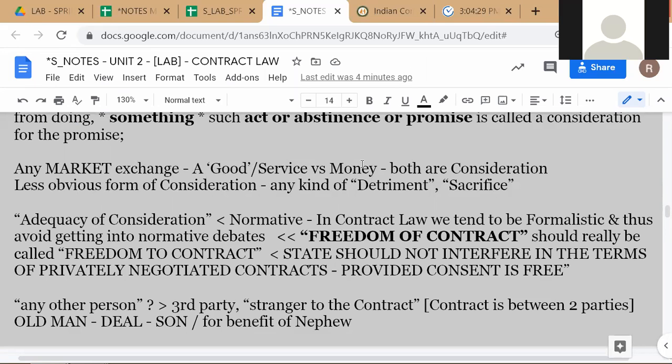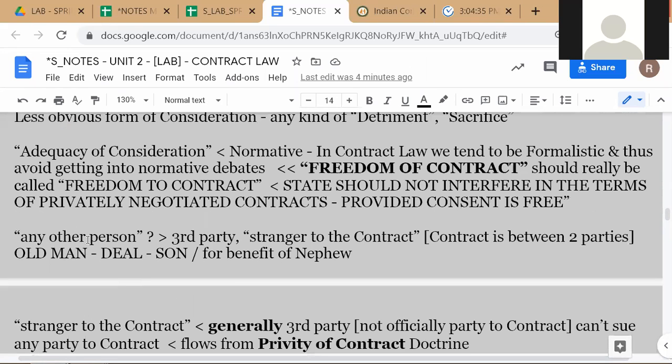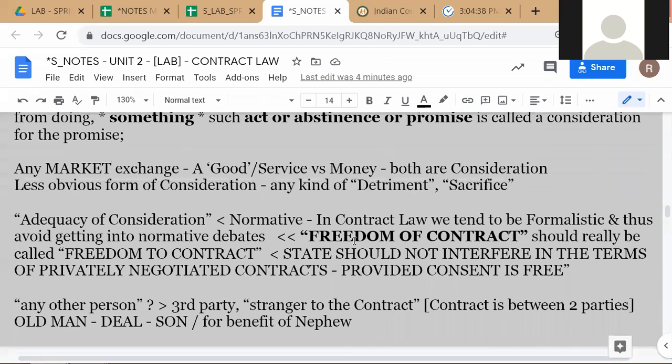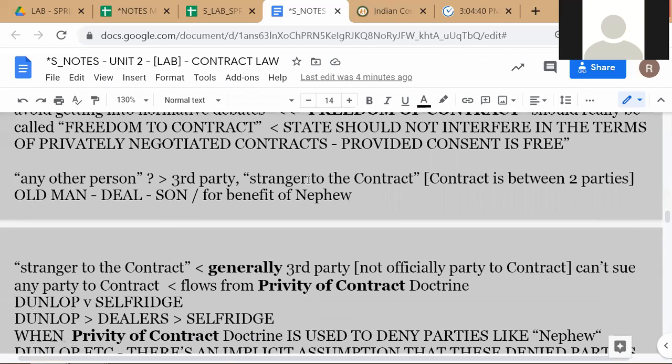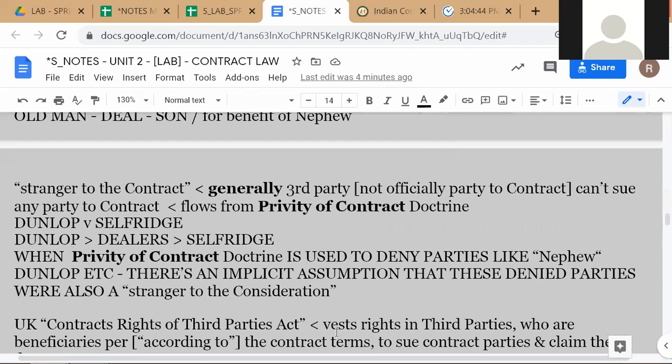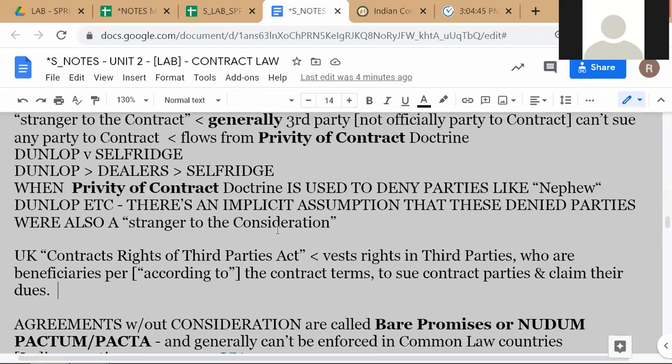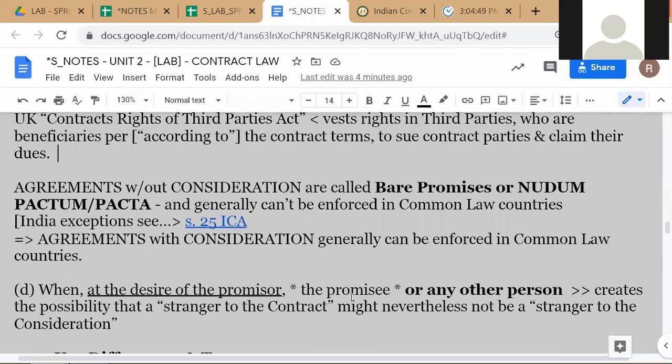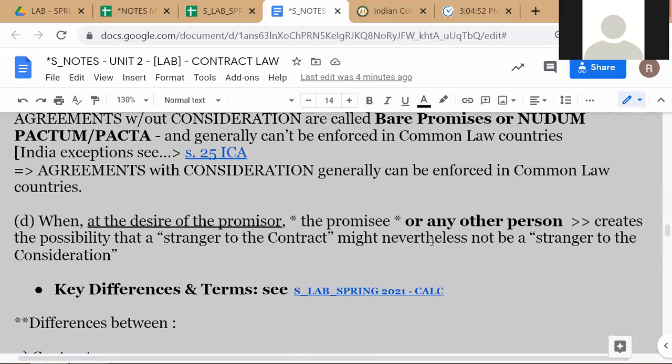We talked about obvious consideration, less obvious consideration. We talked about freedom of contract, adequacy of consideration. What is the meaning of any other person? Then stranger to the contract, privity of contract, famous cases, then stranger to the consideration, this implicit assumption, and then we talked about this last part where it basically creates this possibility.